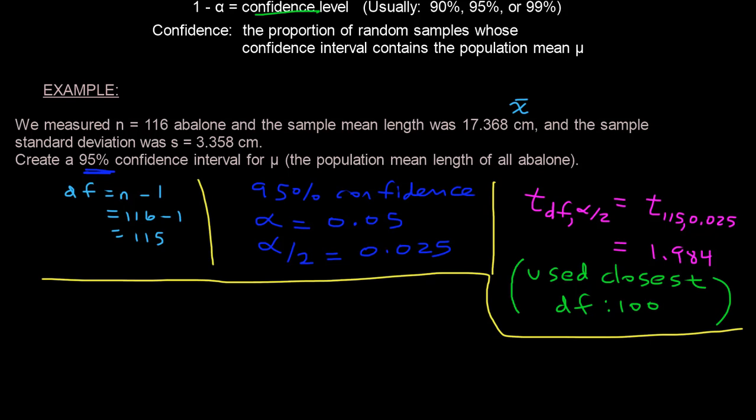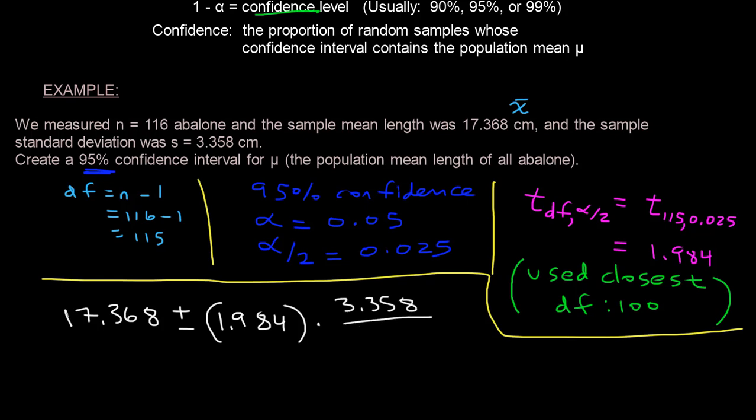So it starts with the sample mean, 17.368. Add, subtract the margin of error, which is composed of the T critical we just found, multiplied by S over square root of n.